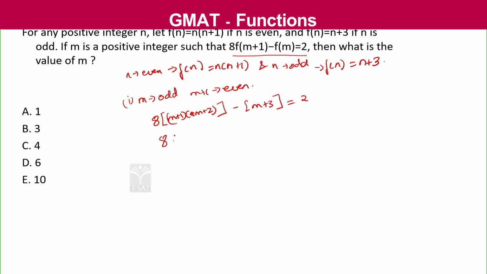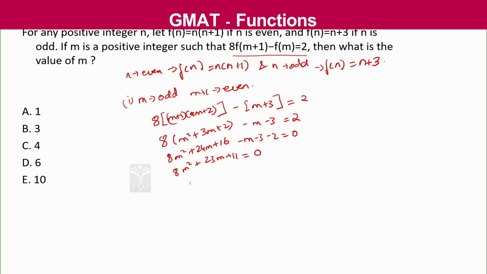So, you have 8(m² + 2m + m + 2) - m - 3 = 2. So, you have 8m² + 24m + 16 - m - 3 - 2 = 0. So, you will have 8m² + 23m + 11 = 0.